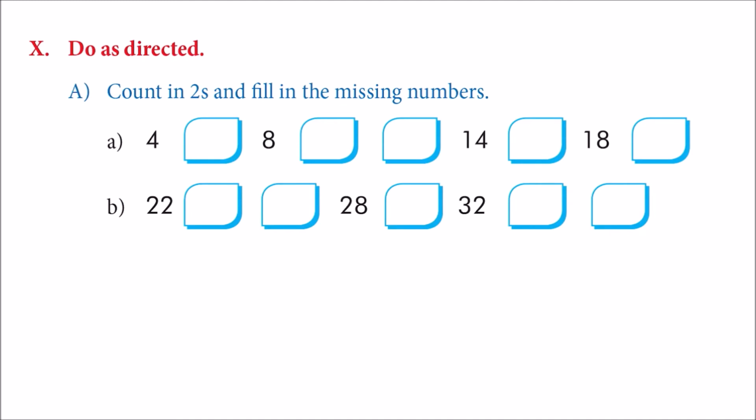You have to fill in the missing numbers, but this time they are the even numbers, then the numbers counting 3s and then numbers counting 5s. So, let us see. So, after 4, the even numbers, 4, 6, 8, 10, right. So, you can fill in those numbers.